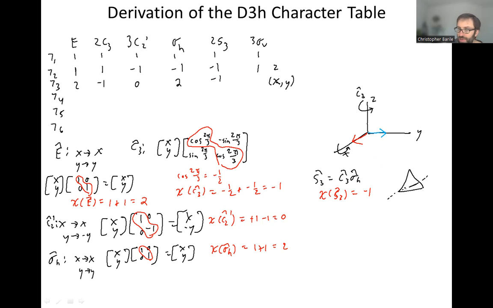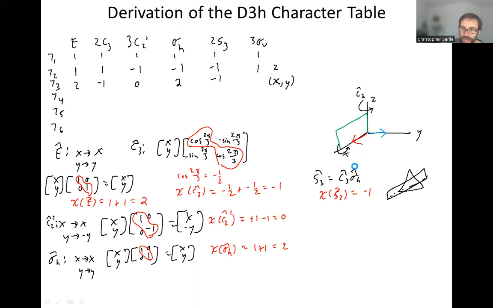Perpendicular C2s could go through any of these vertices, but we defined here that one of our perpendicular C2s is coincident with the x-axis, and the vertical mirror planes overlap with those C2s. So effectively what that means is that our vertical mirror plane is going to be in this XZ plane.